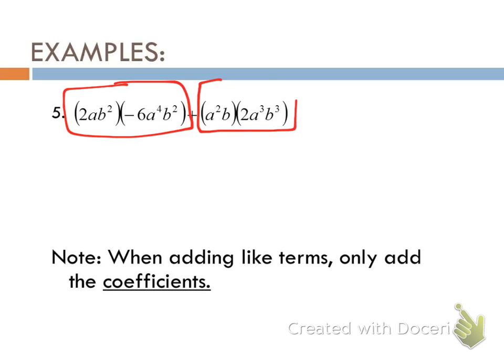And we're going to multiply the two monomials after the plus sign together. And we are going to leave that plus sign in between them for now. Okay, so we've got two multiplication problems happening.